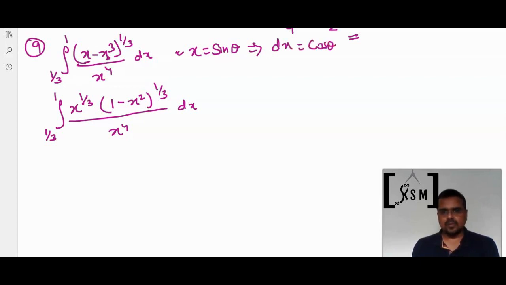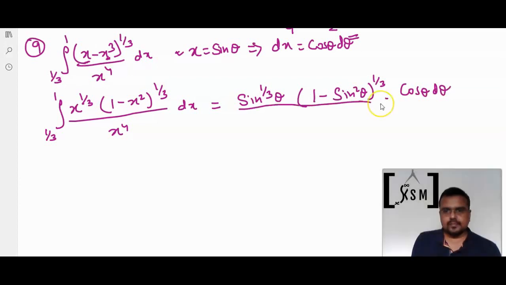So this entire question I will write in terms of theta. See here, for x I am writing sine theta to the power 1 over 3, and this is 1 minus sine square theta whole to the power 1 over 3, and for dx I am writing cos theta d theta, and the limits we will manage later, don't worry right now.